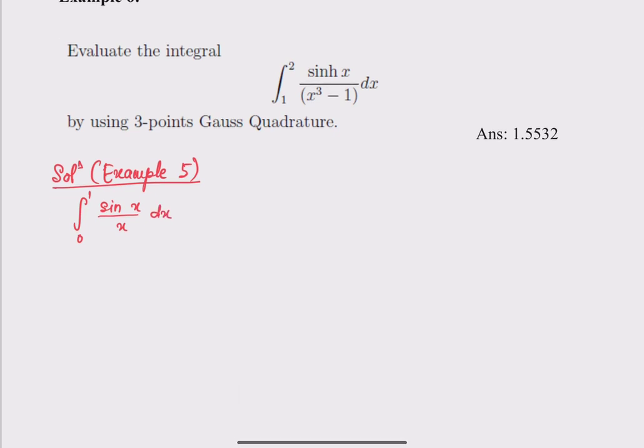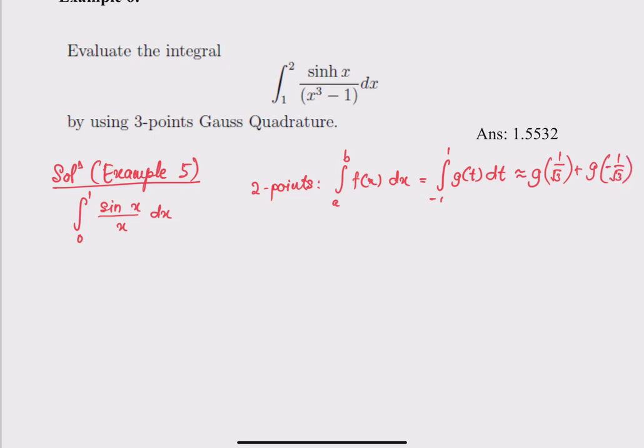What we have in the 2-point Gauss quadrature formula is the integral from a to b of f(x) dx, which is equal to the integral from -1 to 1 of g(t) dt, approximately g(1/sqrt3) plus g(-1/sqrt3).